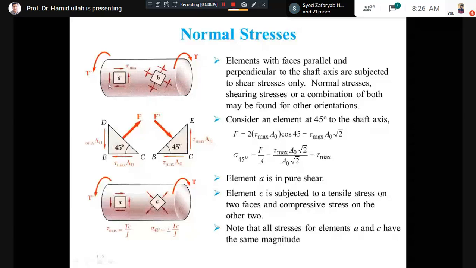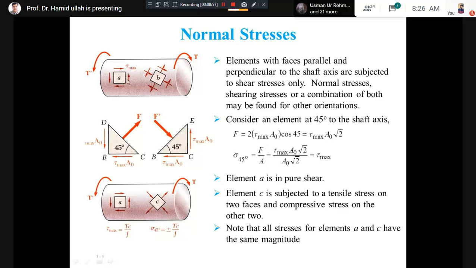Why pure? If you remember, in the case of pure bending, discussed a few weeks before, there was only normal stress and no shear stress. This case is called pure shear stress because on the faces there is only shear stress and no normal stress.